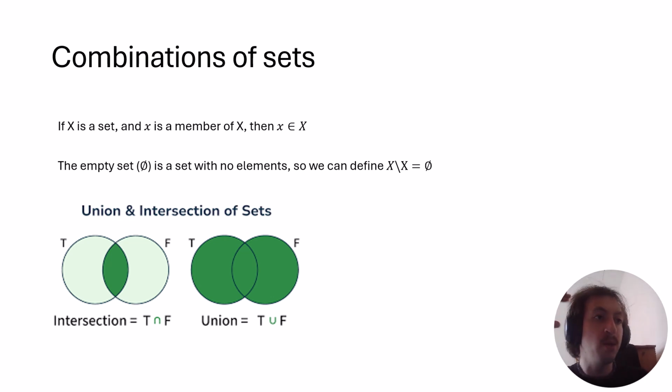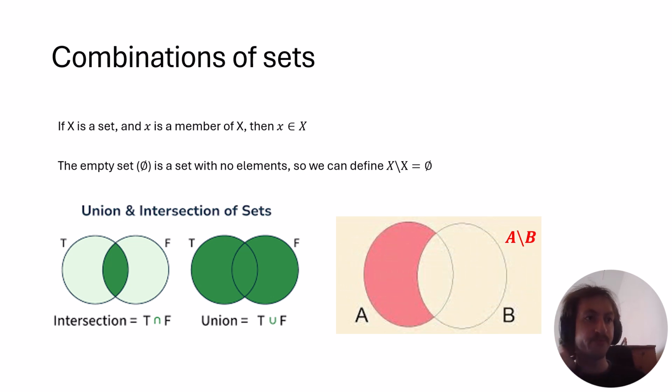So those are the two standard ways of comparing sets, but we also mentioned earlier the difference between sets, so I've got a diagram here to show it. Now, importantly, clearly the intersection and the union between T and F, these are commutative operations. So the intersection of T and F is the same as the intersection of F and T. It doesn't matter the order of the letters in relation to our operation.